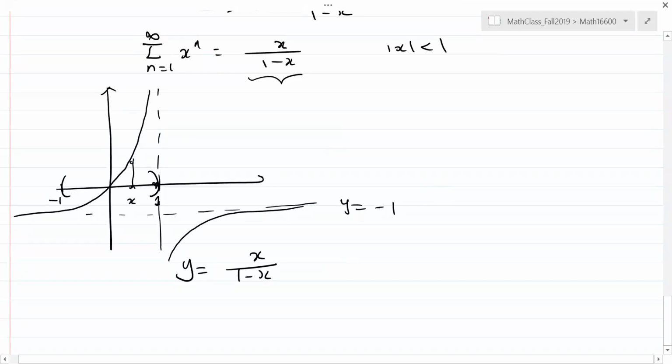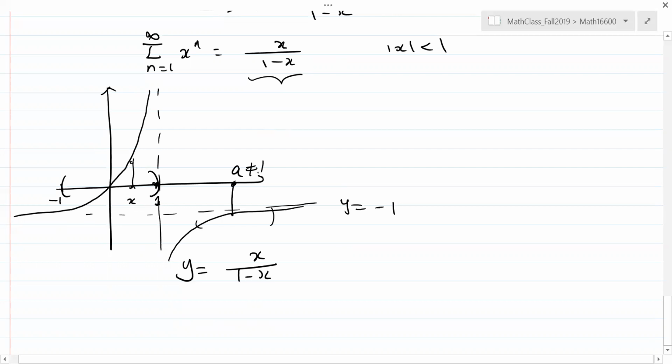Now you may be wondering, can I describe this piece as a power series? It's possible. You take an arbitrary point A, which is not going to be 1, either on the right hand side or left hand side.